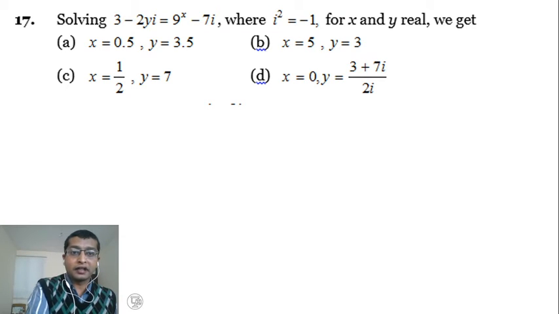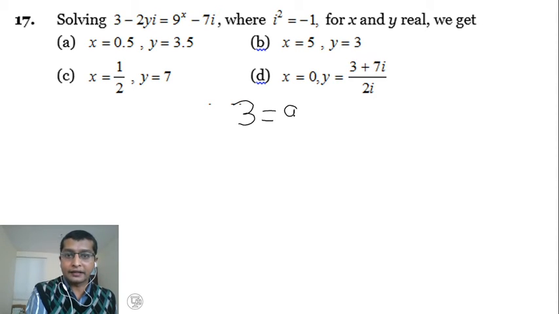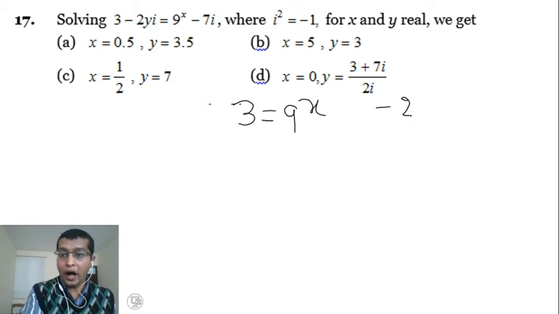Real part is equated with the real part, so I get 3 equal to 9x. Next, imaginary part is equated with the imaginary part, that is minus 2y equal to minus 7.